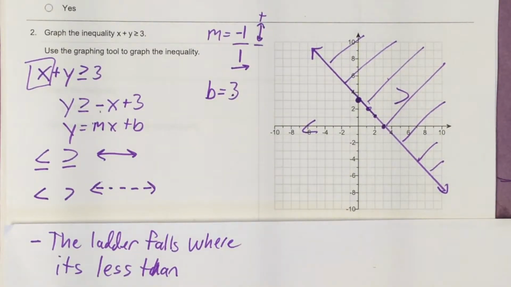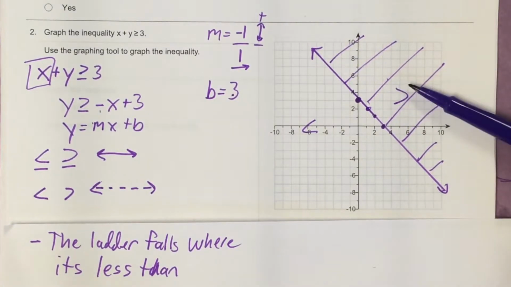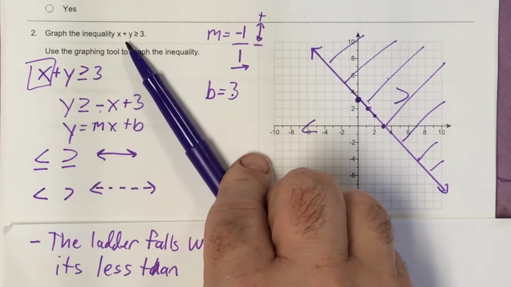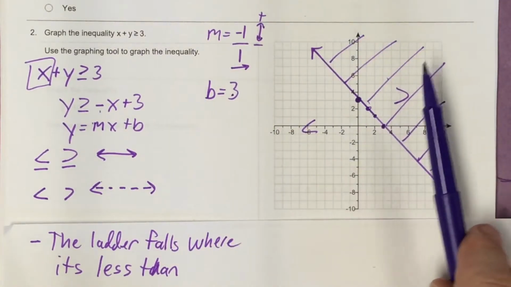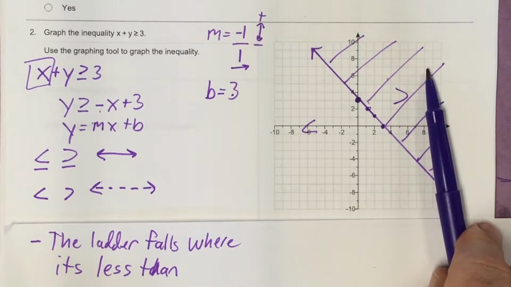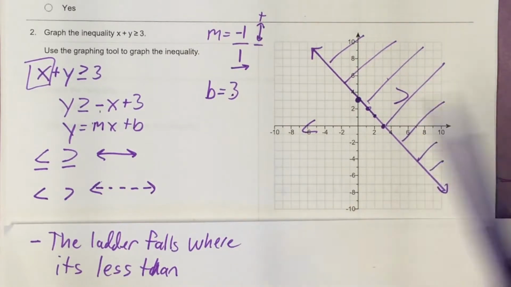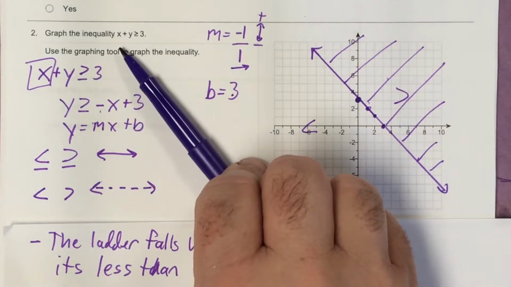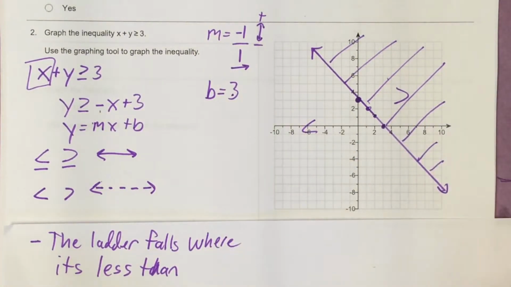The reason I'm doing so is, what that tells me is that any point I pick over here, input into this system, is going to make this system true. On the other hand, if I take a point from the opposite side of the line, it's going to make this system false.